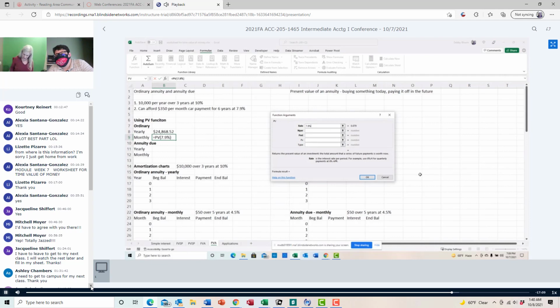And because this is monthly, we have to divide by 12. According to Excel, it's 7.9% divided by 12, right? I don't have to worry about what the heck it is. I just put the formula in there. N per 6 years multiplied by 12 payments per year tells me that I would make 72 payments on this car loan.